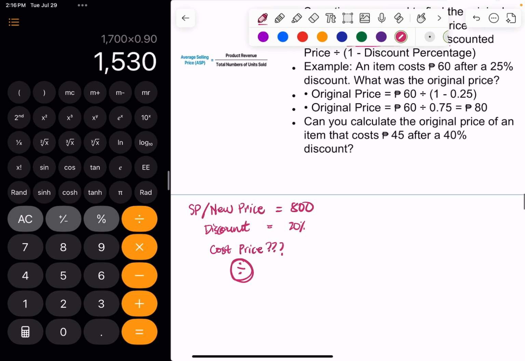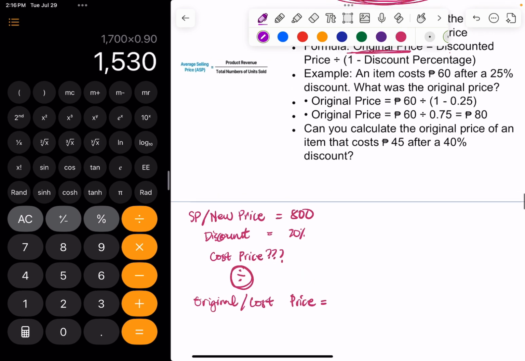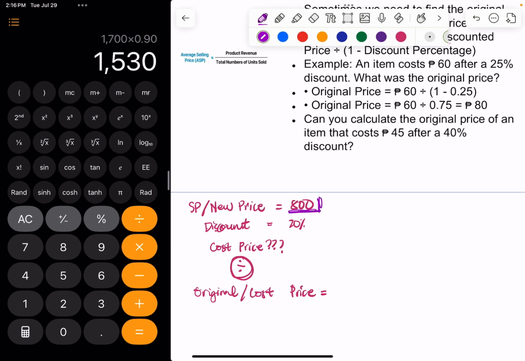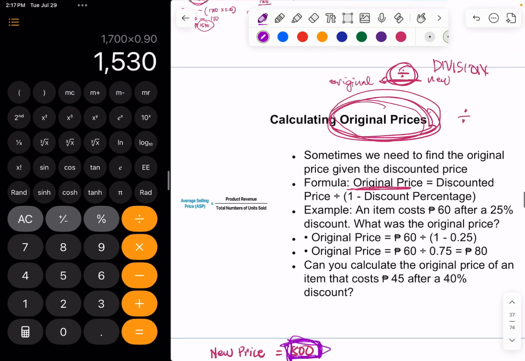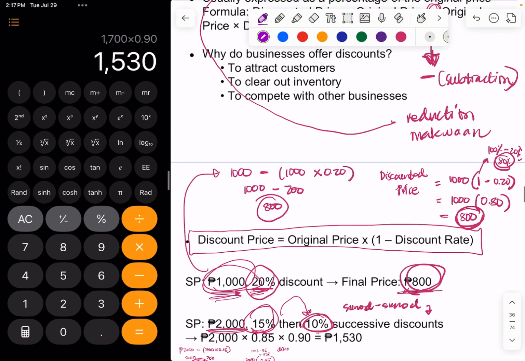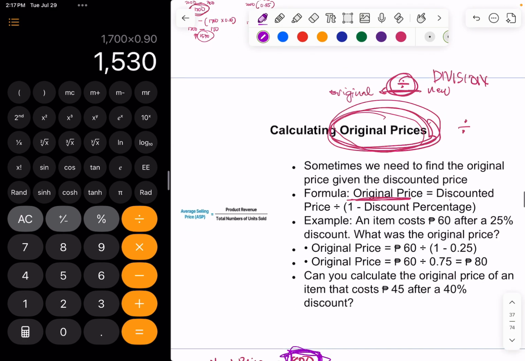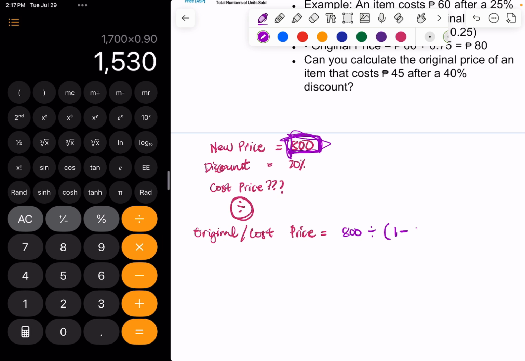So we use the process division. To get the original price or the cost price, ang buhaton is si discounted price, which is 800, you divide it by 1 minus 0.20, or kaya 100% minus 20%.